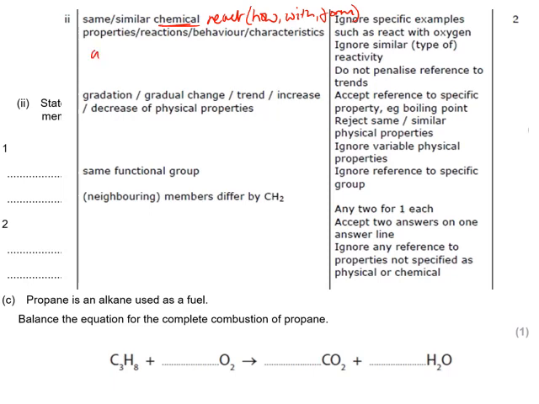So, for example, alkanes all react with oxygen in exothermic reactions. That's why they make good fuels. They react with oxygen and lots of heat is released.